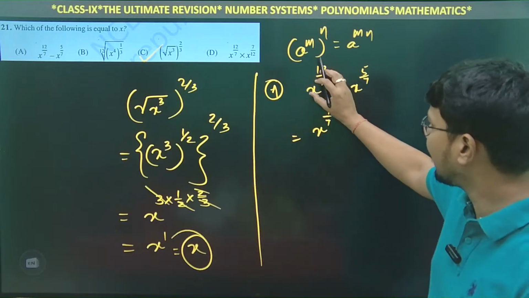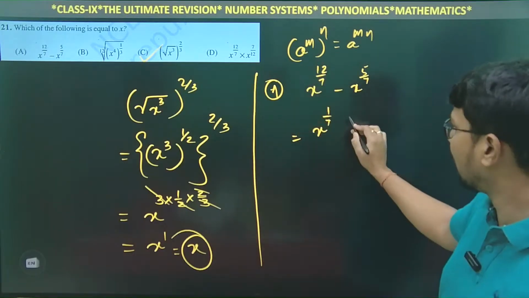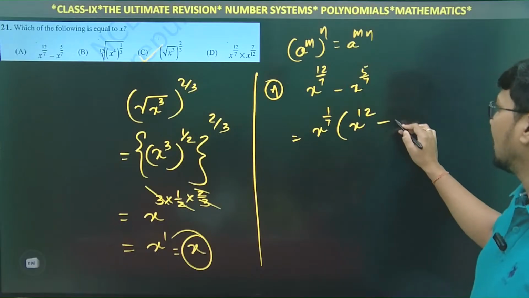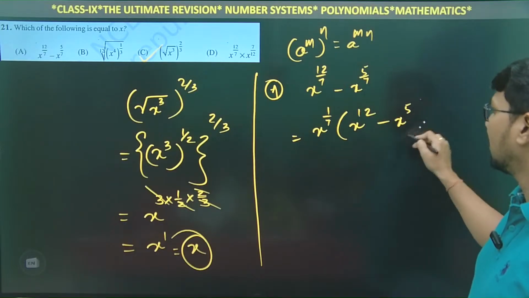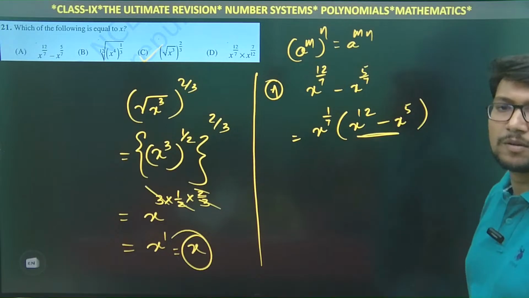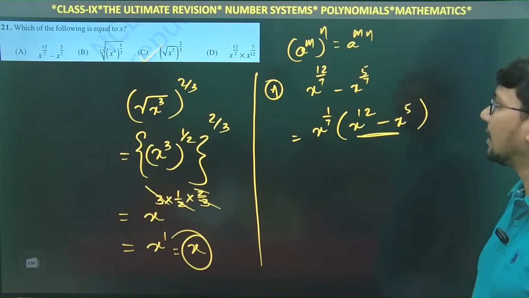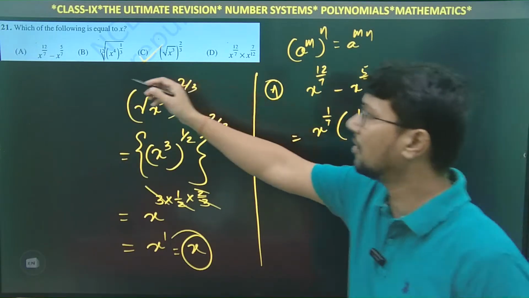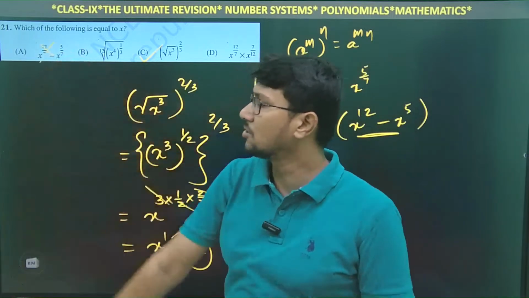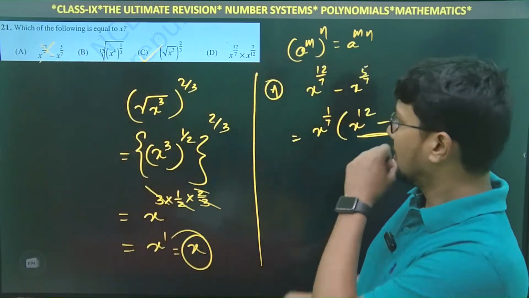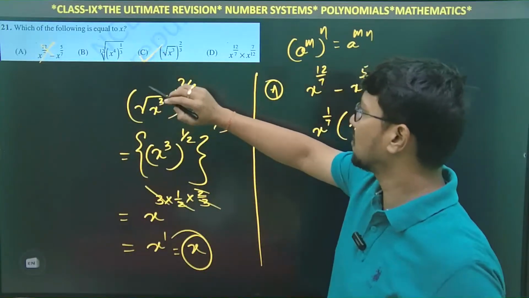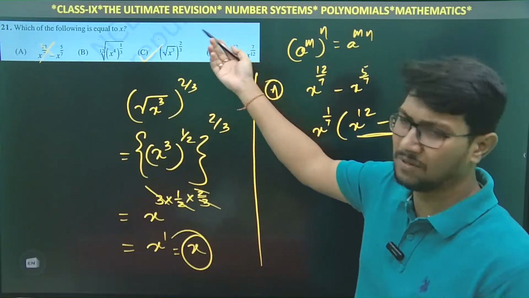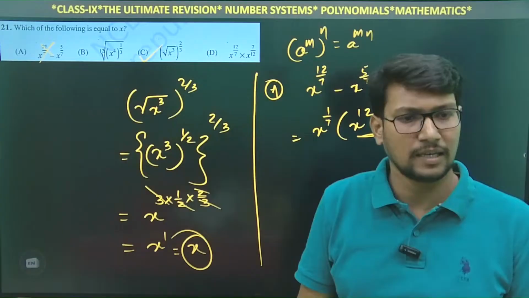If I take x to the power 1 by 7 out, what will be left? x to the power 12 minus x to the power 5. But we cannot further simplify this. So this is the answer, and therefore this is not equals to x. Similarly, this one also you can check, but that is not equals to x.